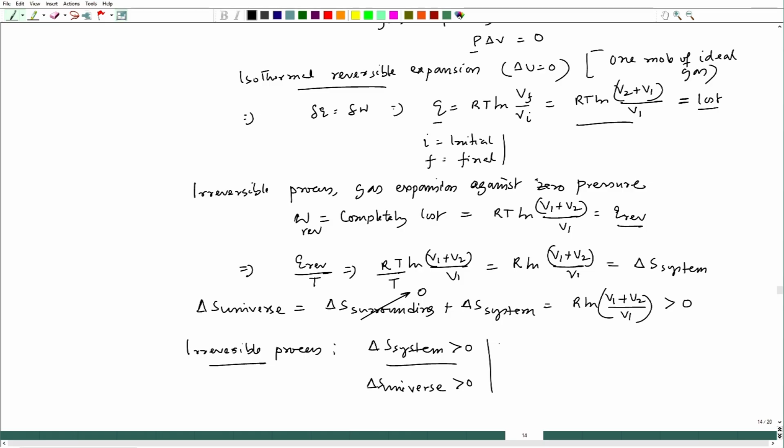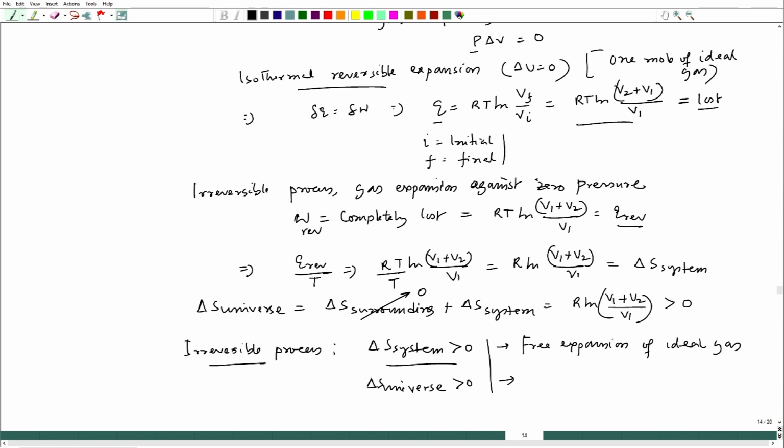This particular process we call free expansion of ideal gas, and here also this is true, both the cases it is true. So, this is an irreversible process.